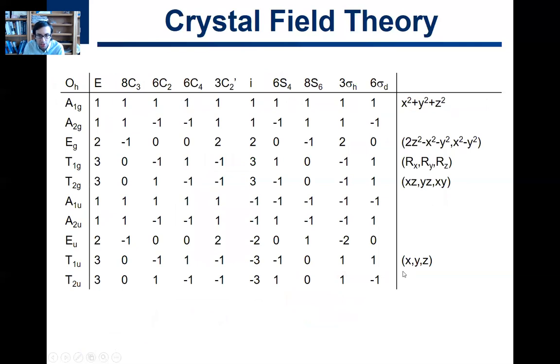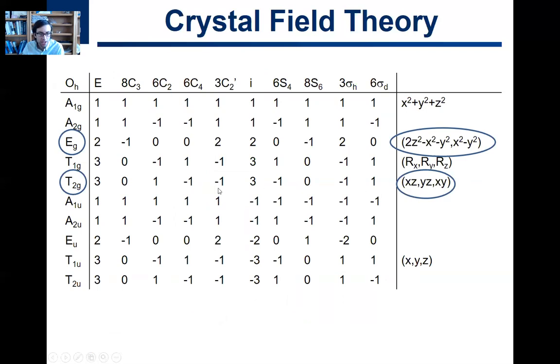What happens in octahedral symmetry? Well, we can look at the functions of the d orbitals, and those are right here. Here you can see xz, yz, and xy. Those quadratic functions have the same symmetry as the dxz, dyz, and dxy orbitals. So that's telling you that in octahedral symmetry, these 3 orbitals, dxz, dyz, and dxy, transform together.